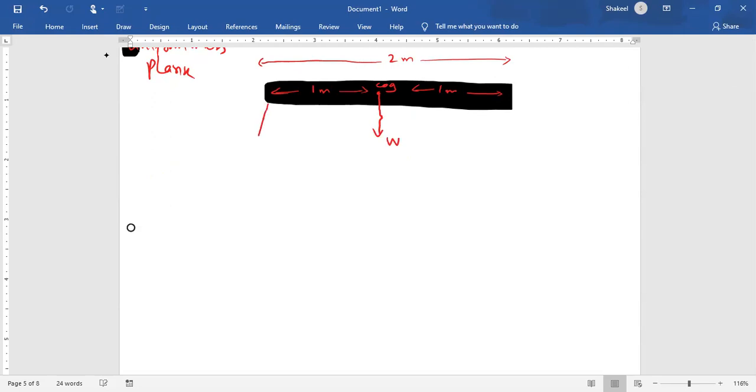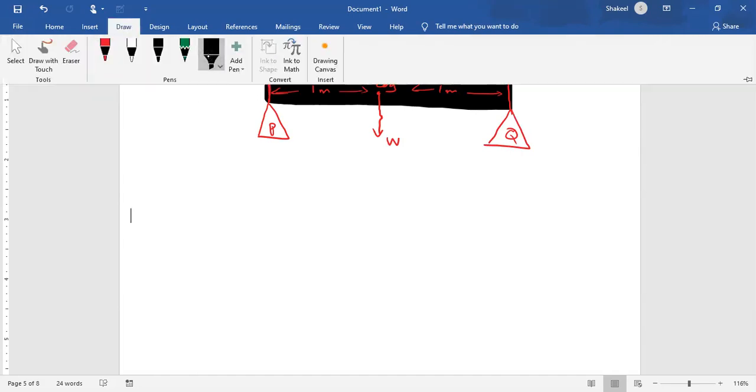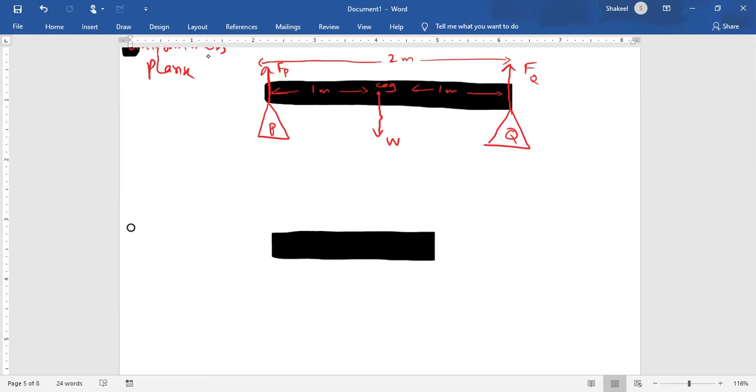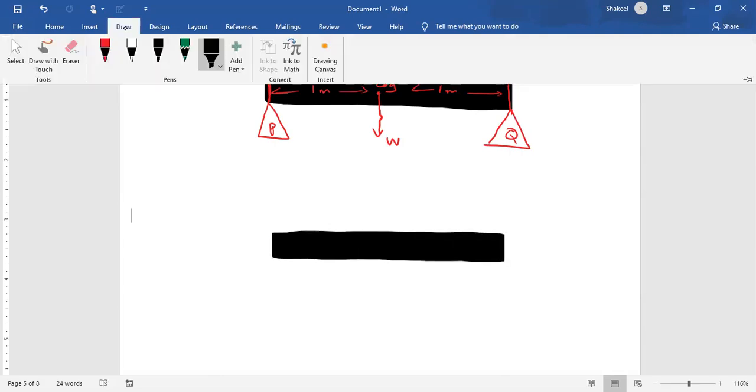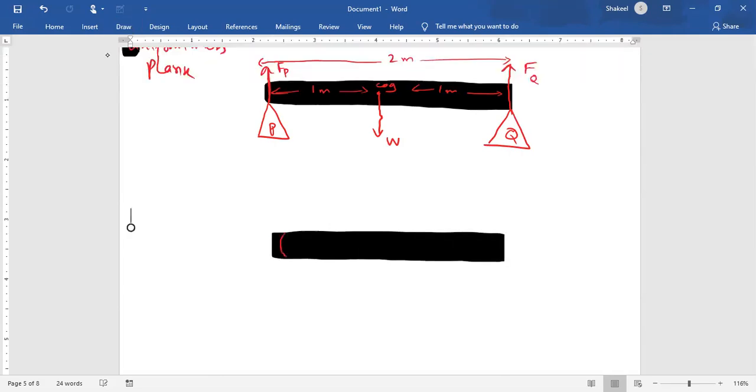And if this is placed on two supports like this support is P and this is Q, then from P, the normal reaction force is acting upward, which is FP, and from Q, the normal reaction force is acting upward, which is FQ. That's the thing I was talking about. And then let's say if this is a plank, uniform mass plank, and it is held at rest by two ropes, which are tied up to a support like this.